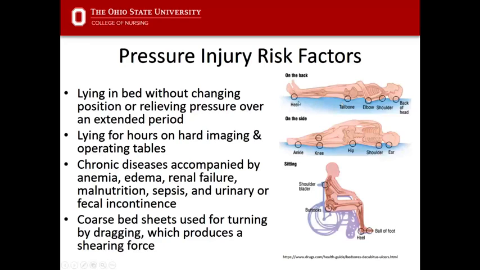So the heel in particular, tailbone, elbow, shoulder, back of head when you're laying on your back. If you're laying on your side, the ankle, knee, hip, shoulder, and even potentially ear, or if you're sitting in a chair.